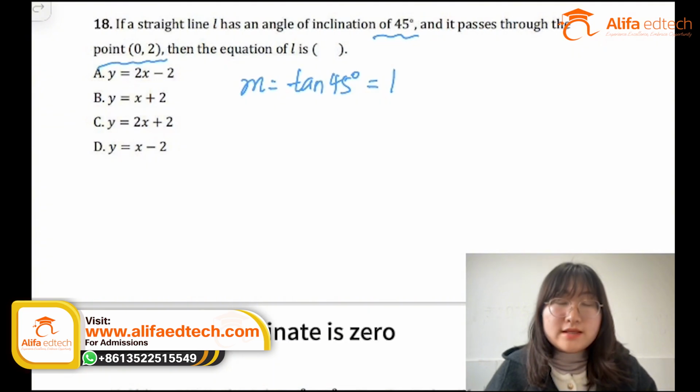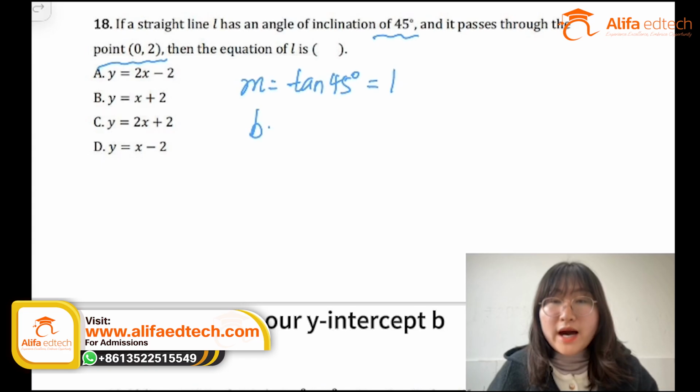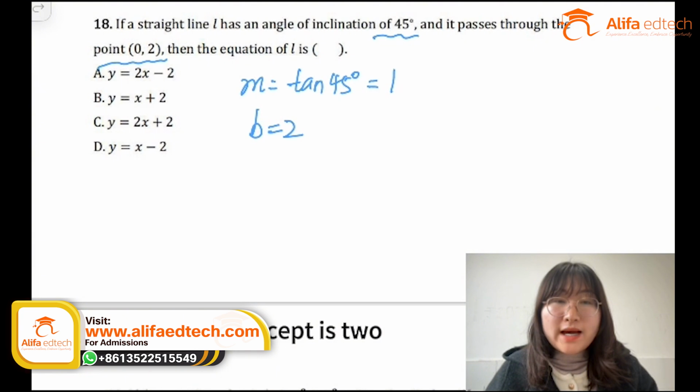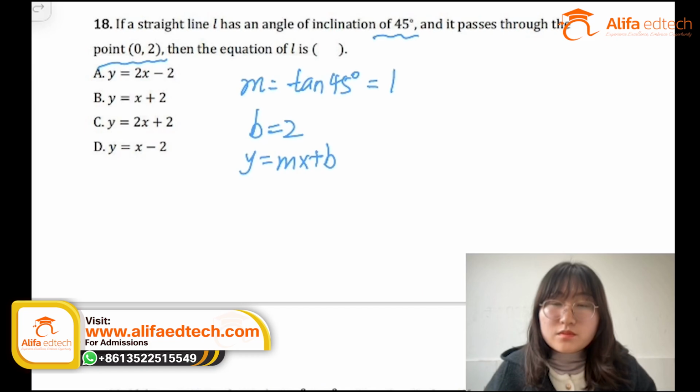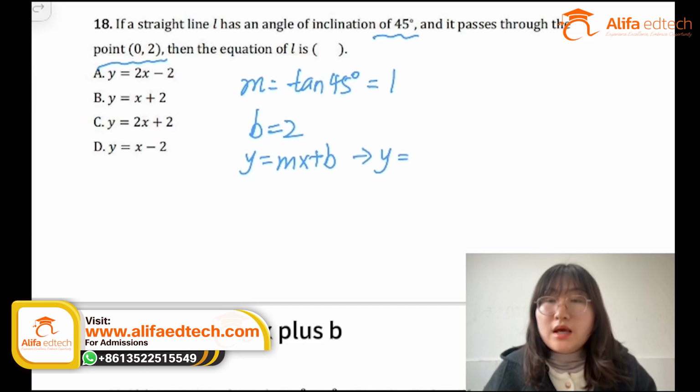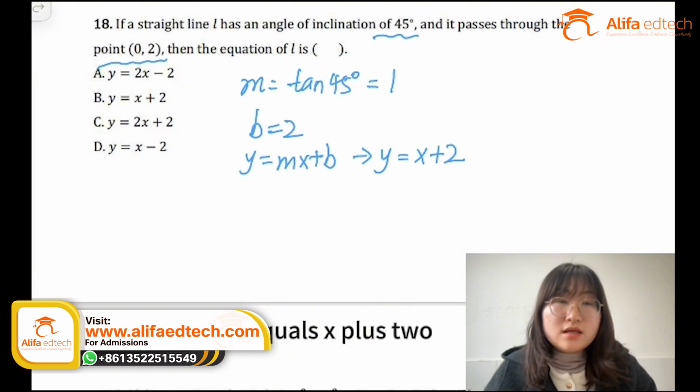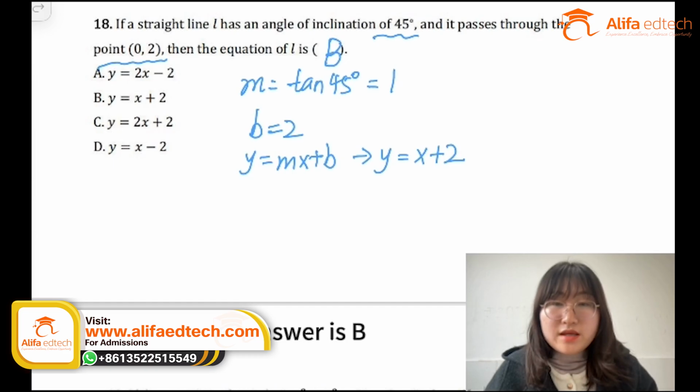Because the x-coordinate is 0, this point is actually our y-intercept, b. So our slope is 1 and our y-intercept is 2. Using the slope-intercept form y equals mx plus b, we simply write y equals x plus 2. The correct answer is B.